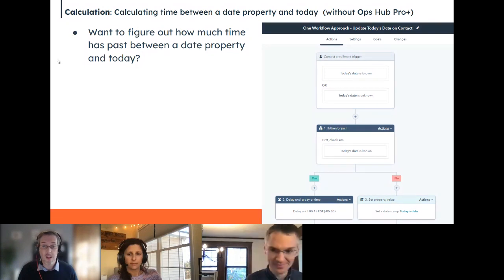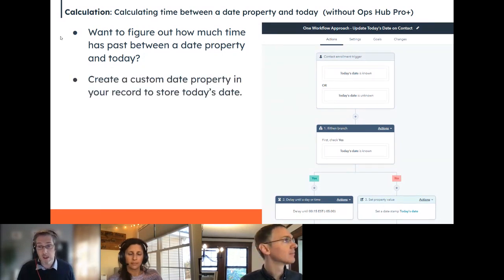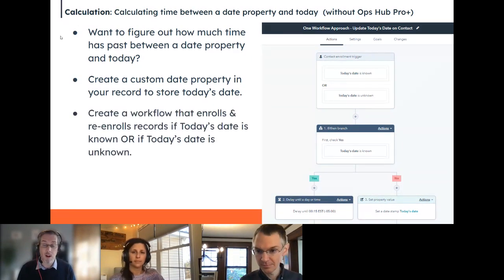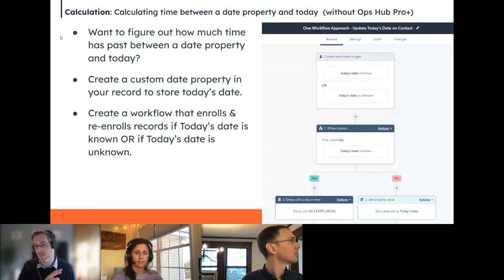So using this workflow, we want to figure out how much time has passed between a date property and today. We create a custom date property in our record to store today's date. And then we create a workflow that enrolls and re-enrolls records if today's date is known or if today's date is unknown.